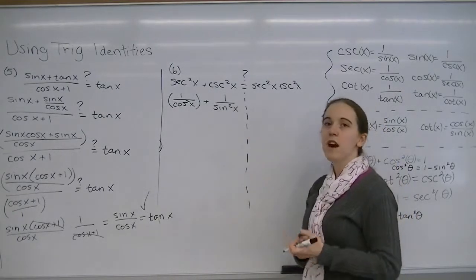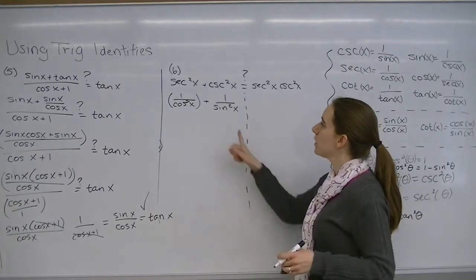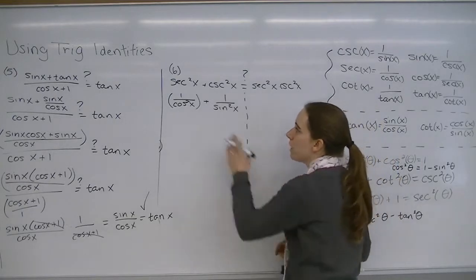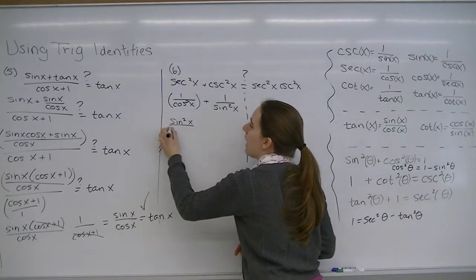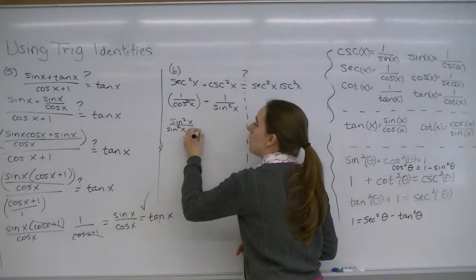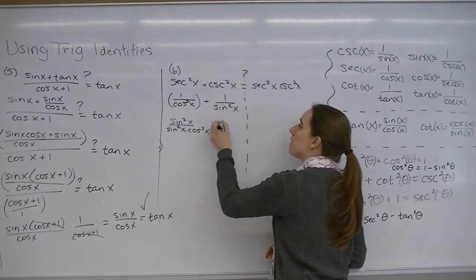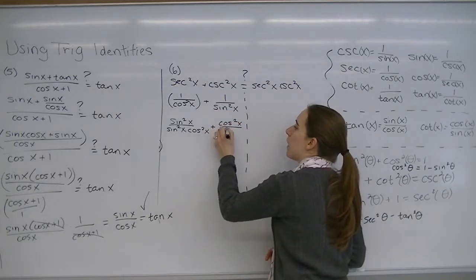So I have two fractions. I probably want to add them together to get one fraction. So my denominator will be sine squared times cosine squared. Here I'm missing the sine squared, so I need to multiply by that on top and bottom. Here I'm missing cosine squared, so I need to multiply by that on top and bottom again.